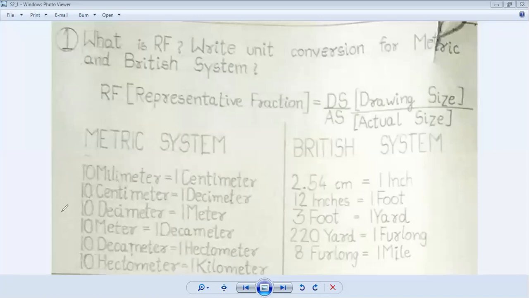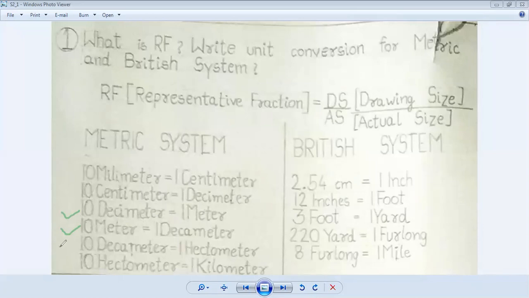Then we have 10 decimeter to 1 meter. Now the important one is this: 10 meter is equal to 1 decameter. That is at times not known to us.